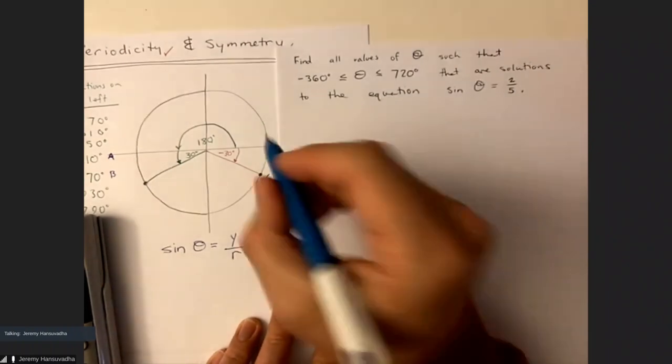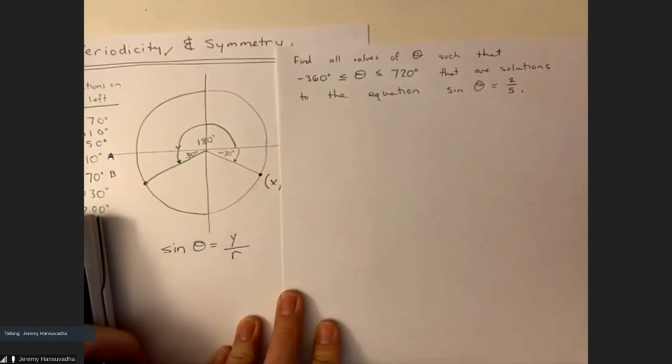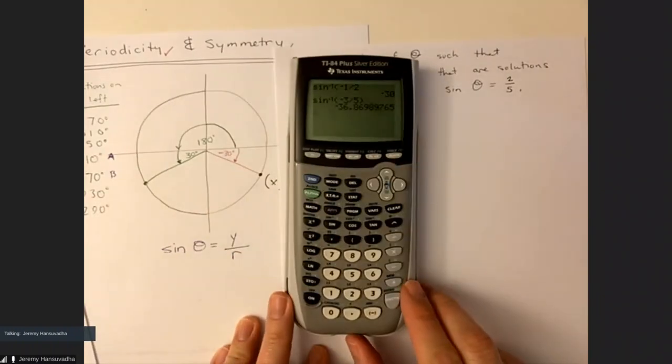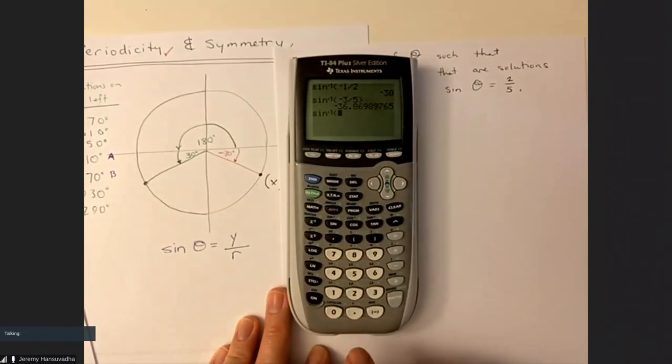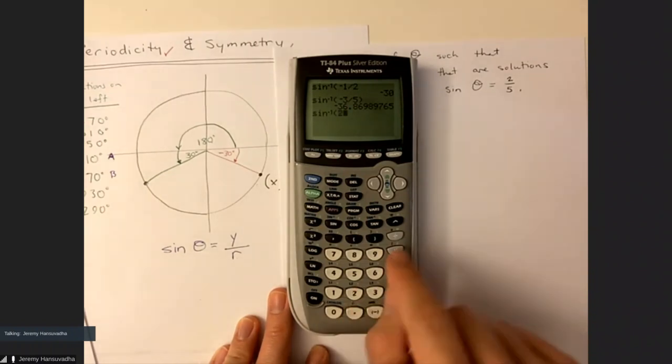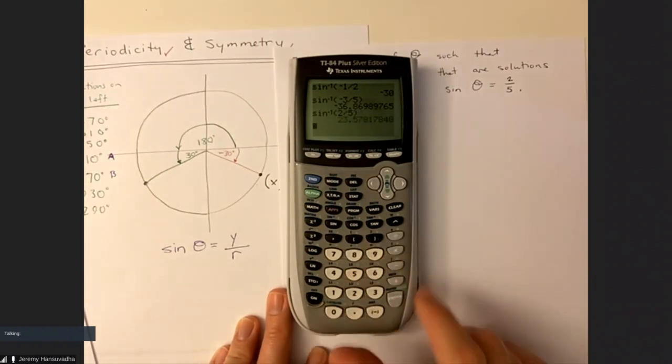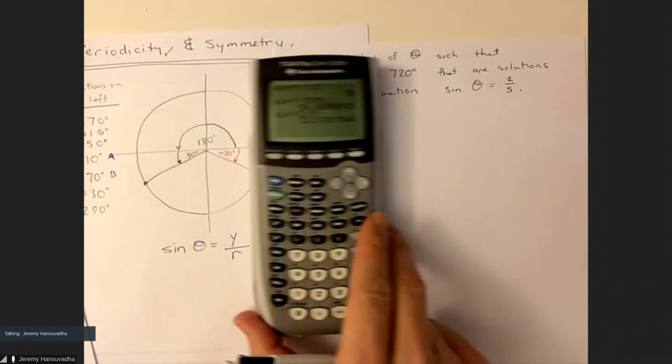All right, here we go. Here's the answer. So first up, we're just doing the inverse sine of 2/5. And there is the answer.